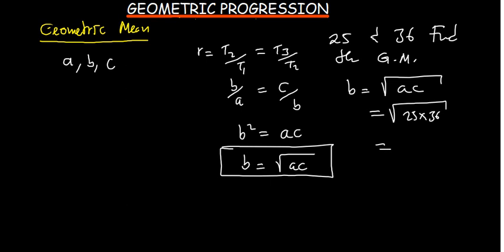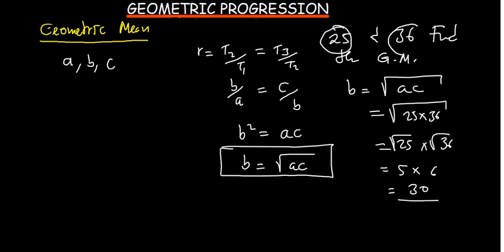So this will give us the square root of, we can even separate these. We'll say square root of 25 times square root of 36, since both are in the square root. We know the square root of 25 is 5, the square root of 36 is 6. 5 times 6, that is 30. So this is how we are able to determine the geometric mean. So the geometric mean is a number that is between these two terms in a geometric progression or geometric sequence.